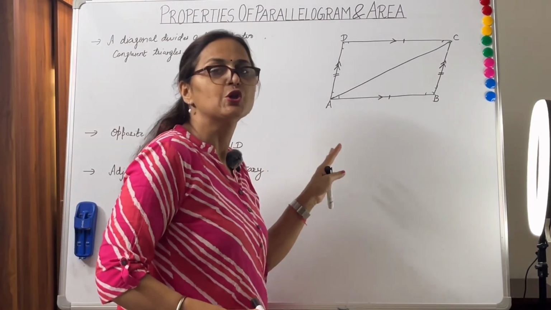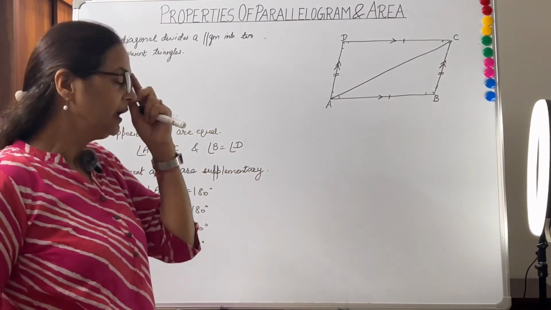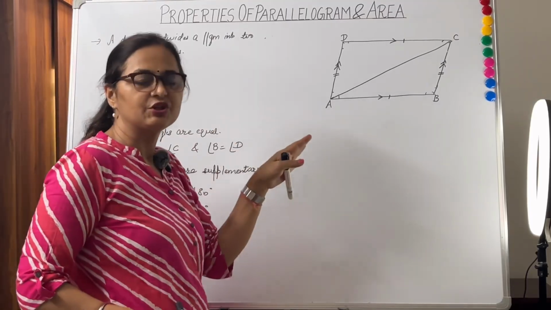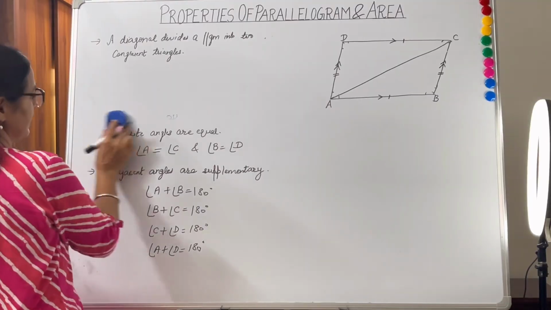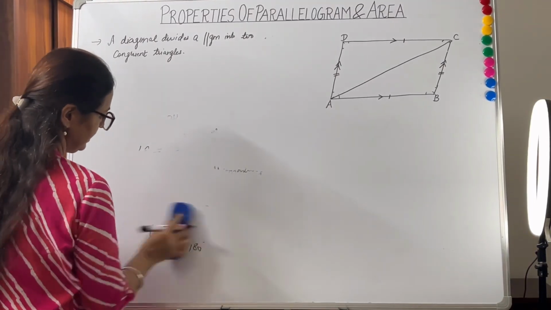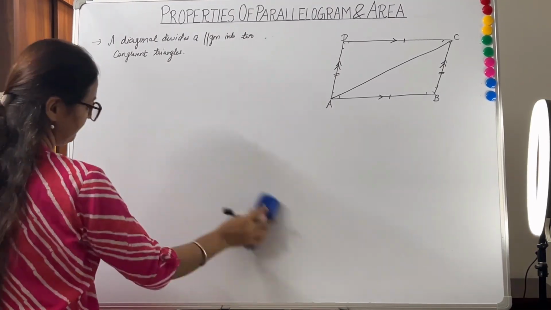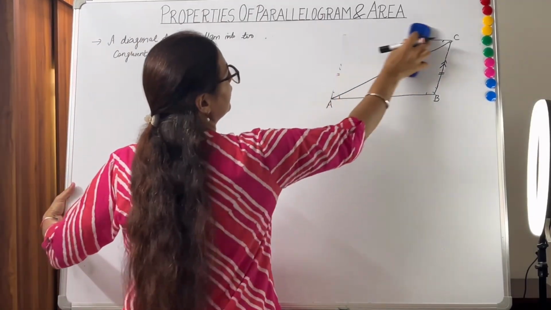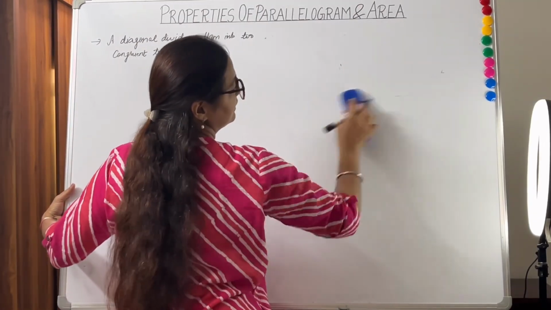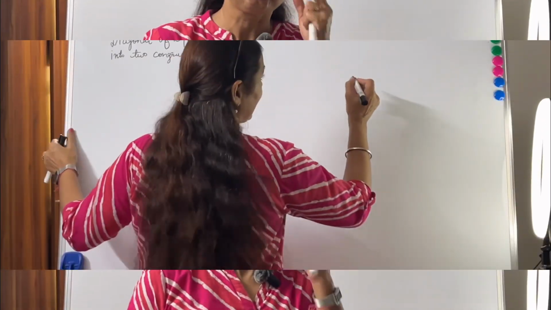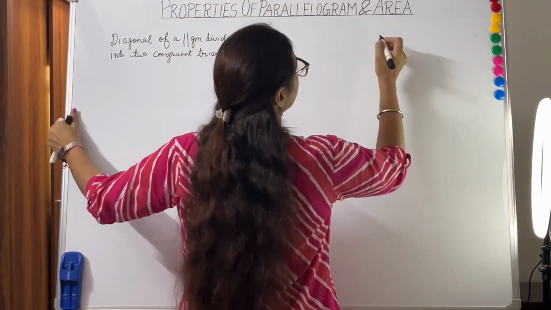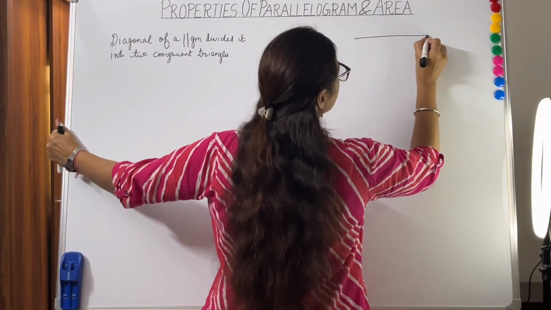So, this is also another important property which is very useful. Now, these are the properties which we have done about parallelogram. Now, we are going to do the proof for area of parallelogram. So for that, I am again taking a parallelogram.